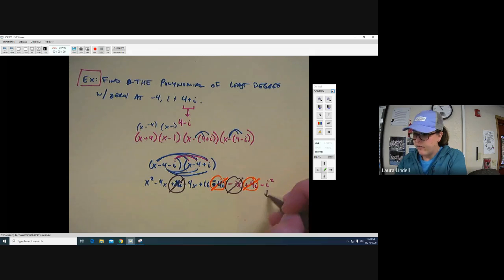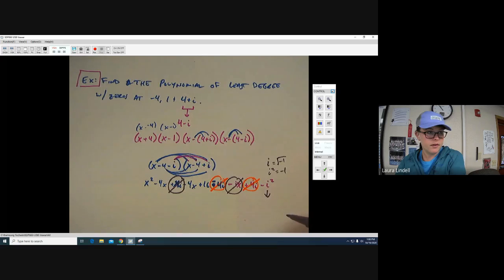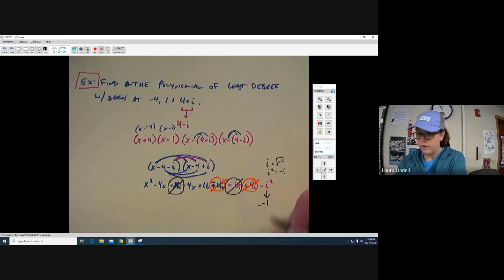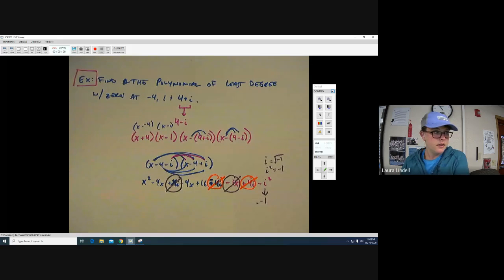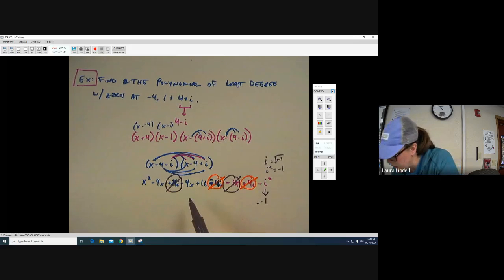Then the negative i squared simplifies. Because remember, i is the square root of negative 1. So if I square both sides, i squared is equal to negative 1. So minus i squared would be like minus negative 1, which is like plus 1. So kind of bringing this all together here, we have, let's see, was that a minus or a plus?